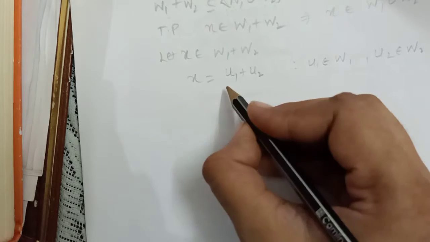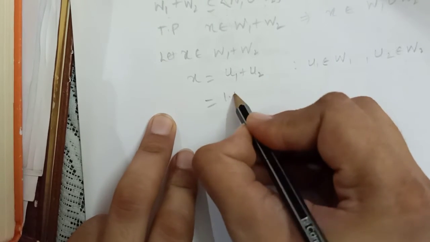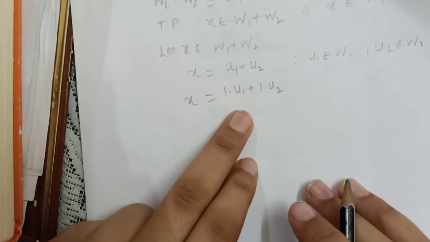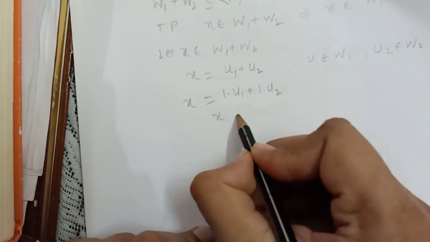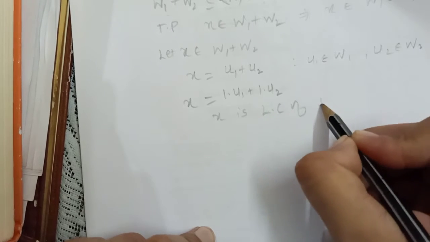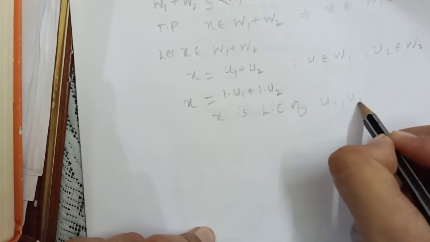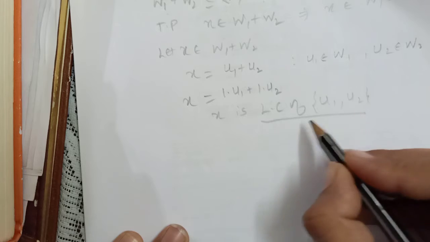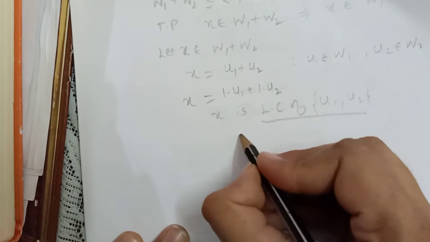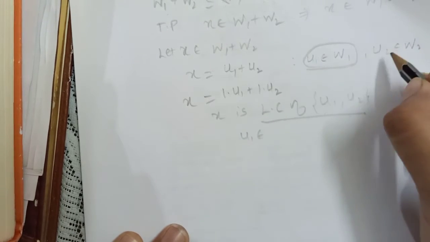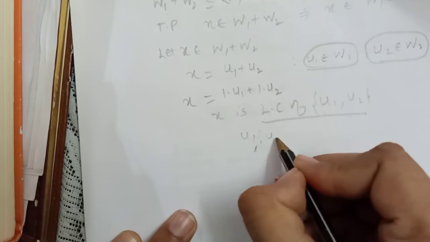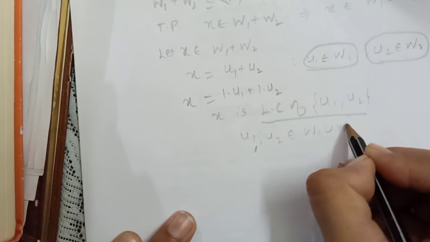Now, if you can observe, can I write it like this? So we have written x as a linear combination of u1 and u2. Now I am saying this linear combination of u1 and u2, what is this actually? Now u1 is from W1, u2 is from W2, so u1 and u2 are both in the union.